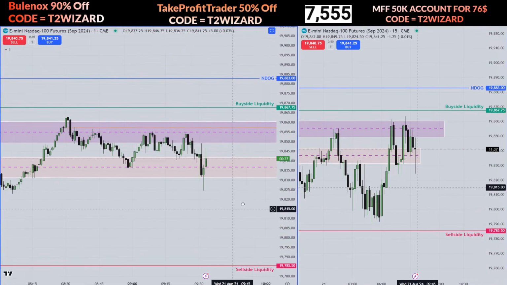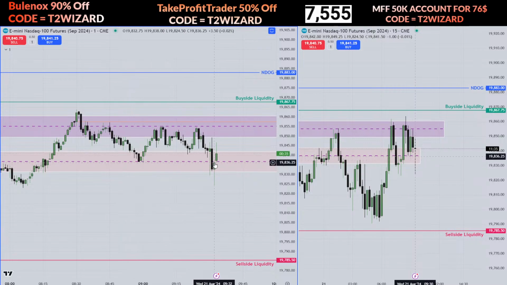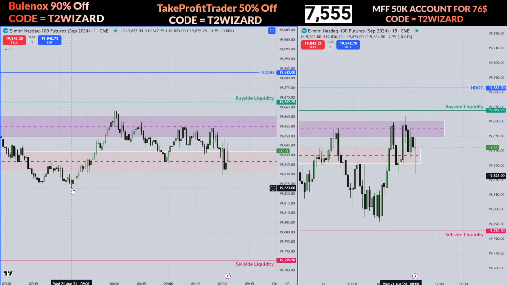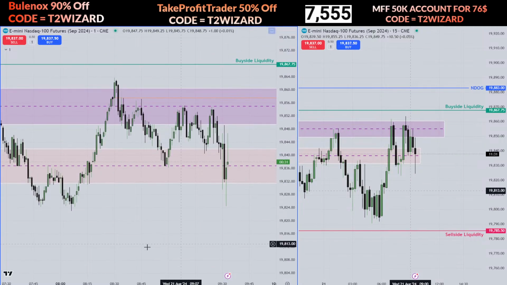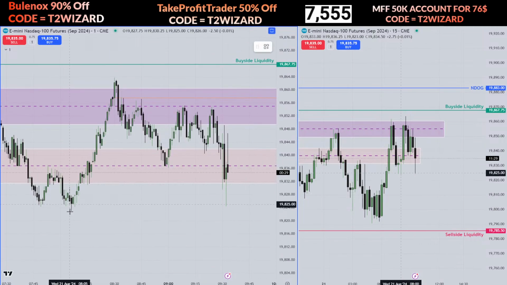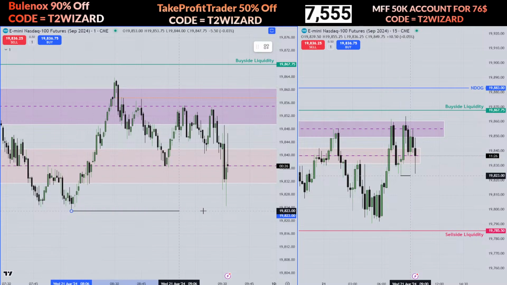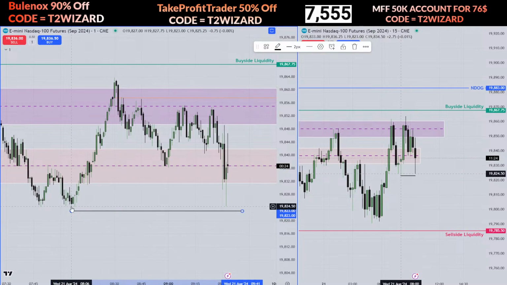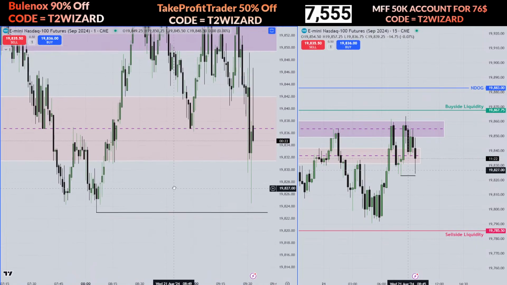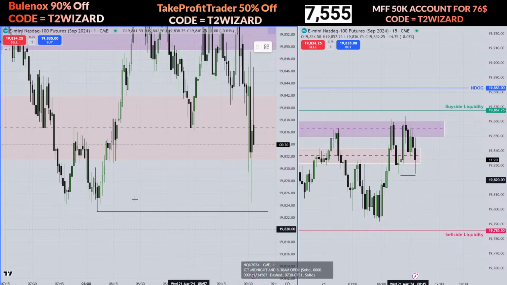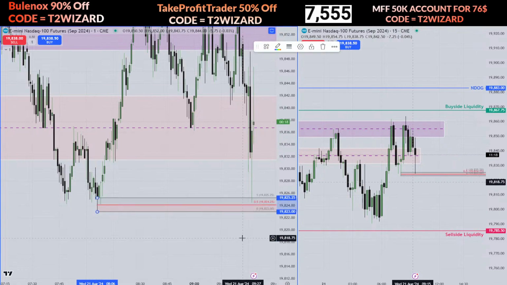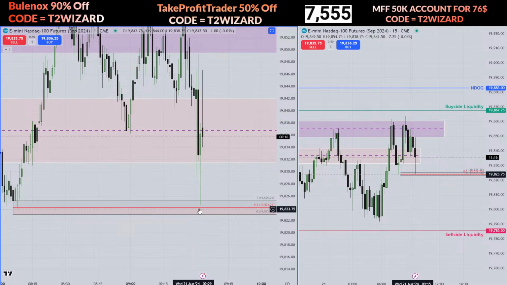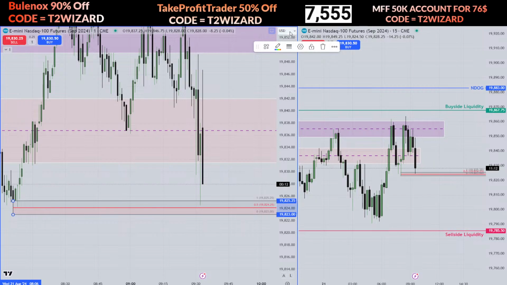The market has taken this liquidity, and failed to take this low. If you mark the 50% of that specific week, it failed to trade the 50% of that week. Keep that in your mind. It's a sign of bullishness.